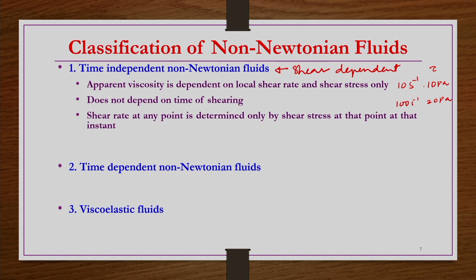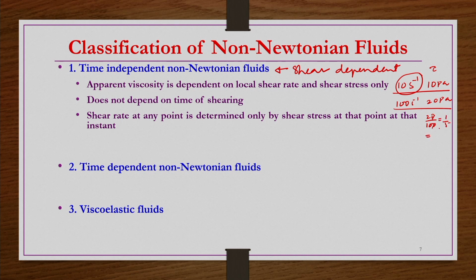So, the apparent viscosity here, first case 10 by 10 is 1 Pascal second. In the second case 20 by 100, 1 by 5.